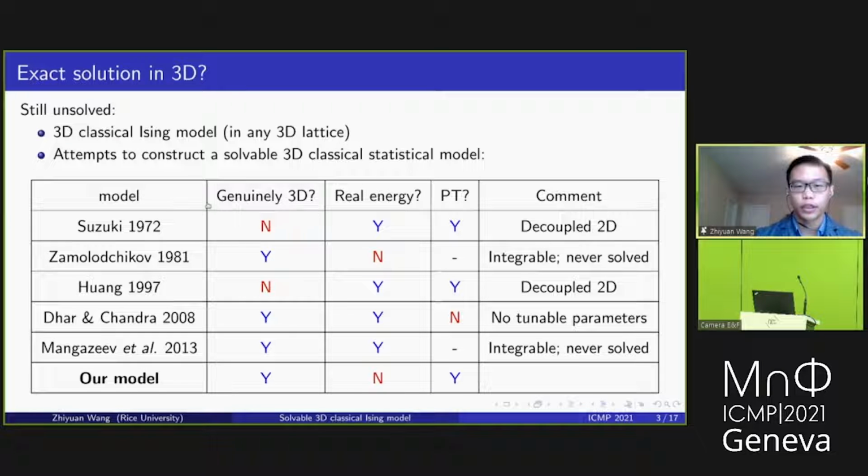Here, genuinely 3D means that the partition function doesn't trivially factorize into a product of decoupled 2D layers. As you can see from this summary table, to the best of my knowledge, our model is the first one that is genuinely 3D and has a non-trivial phase transition.